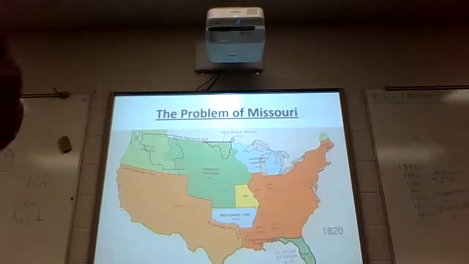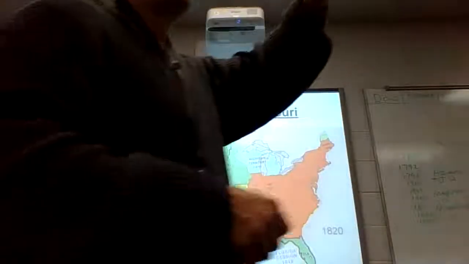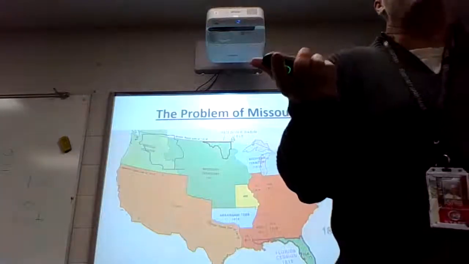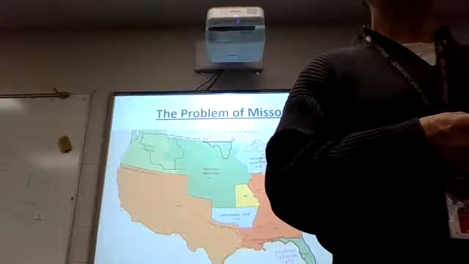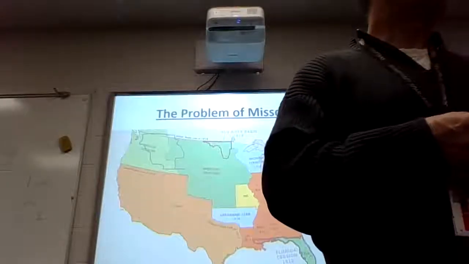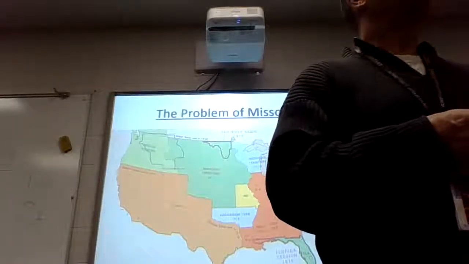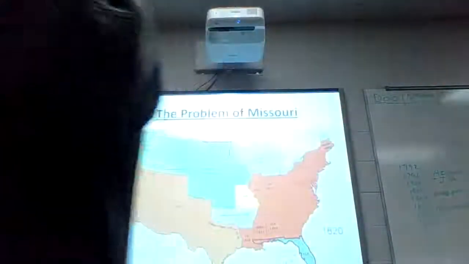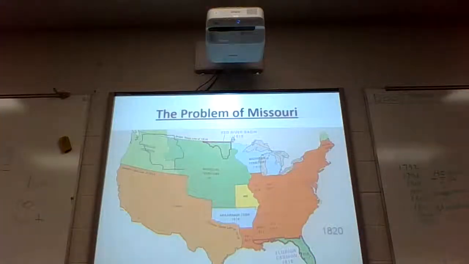They'll have 2 more senators than non-slave states. So who cares? If there's an issue between slavery and non-slavery, they have more say. The belief was that if slave states have 2 more senators, they'll be able to pass pro-slavery laws, and non-slave states will not be able to stop it.